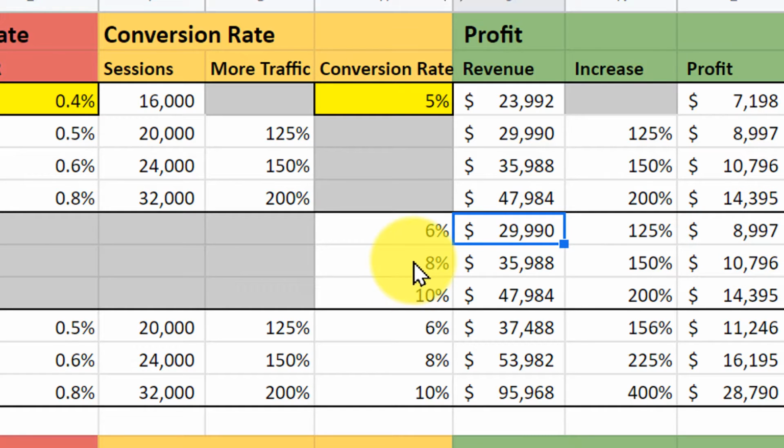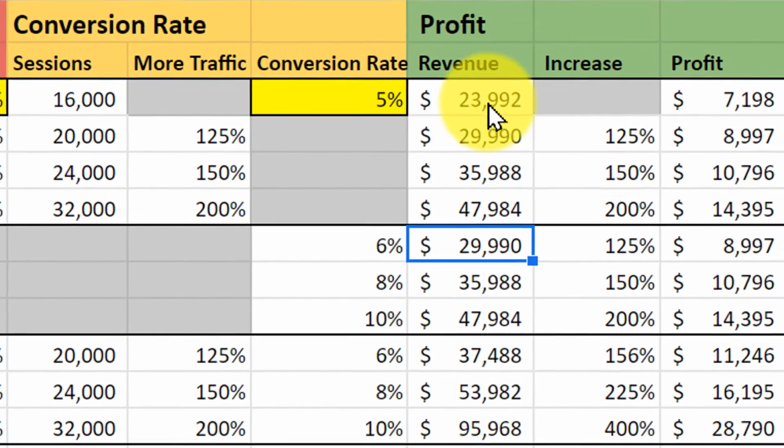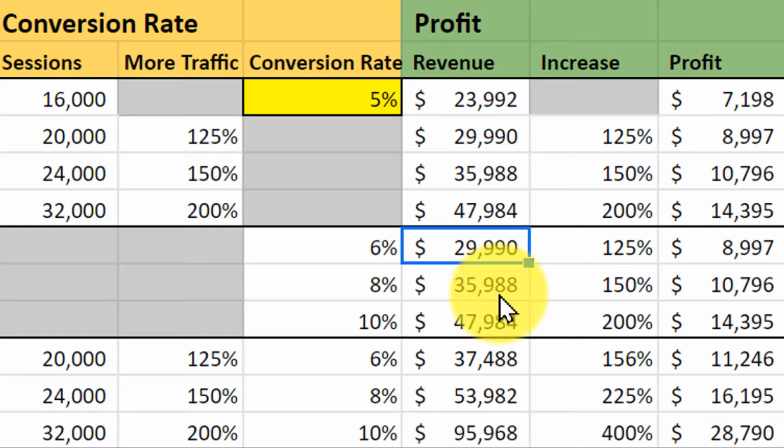If we have a 3% conversion rate increase from 5% to 8%, then the revenue goes from 23,900 to 35,900, and our profit goes up to 10,700. And if we doubled our conversion rate from 5% to 10%, then of course we are doubling our revenue, we are doubling our profit. And this is just for 1 month.